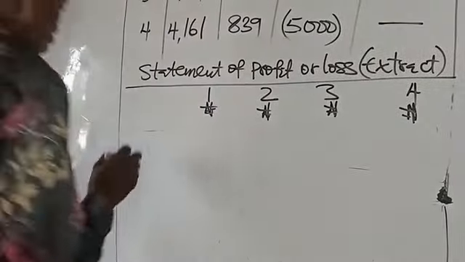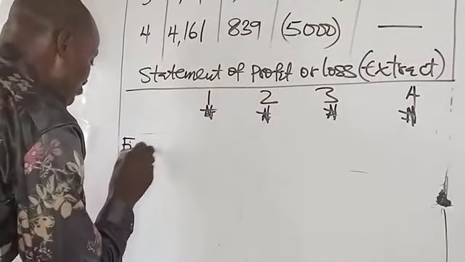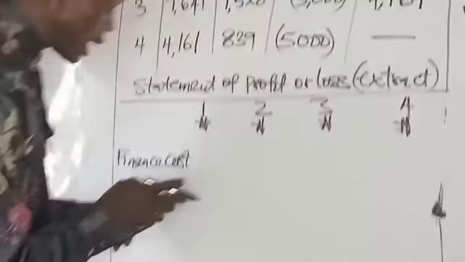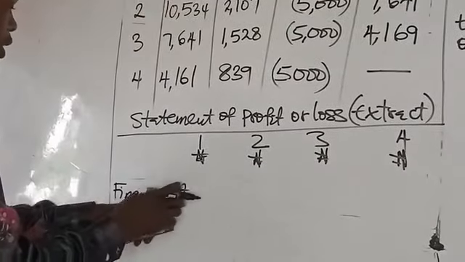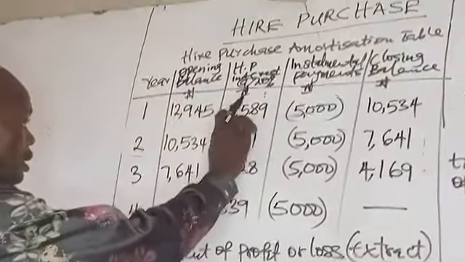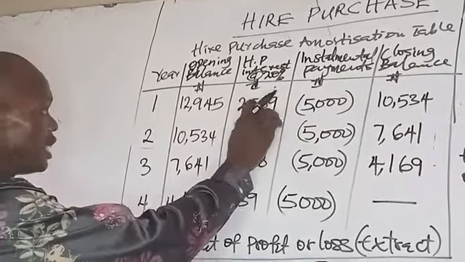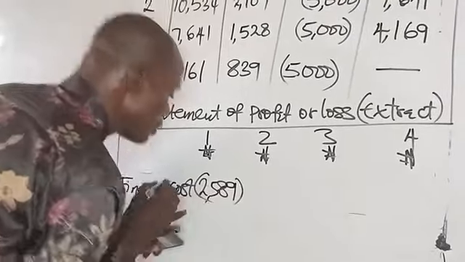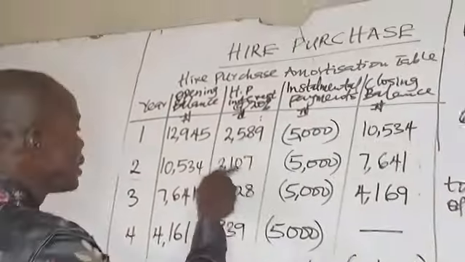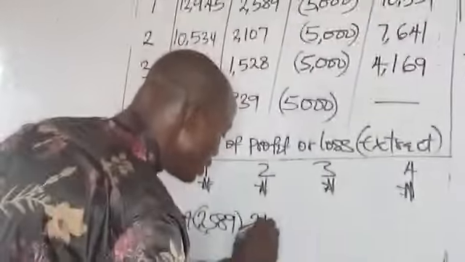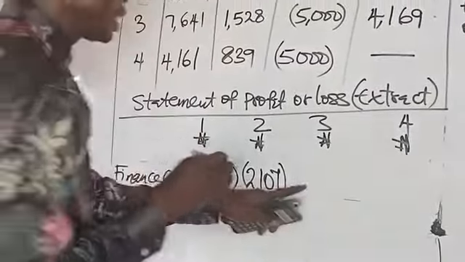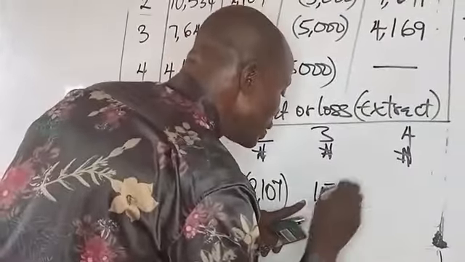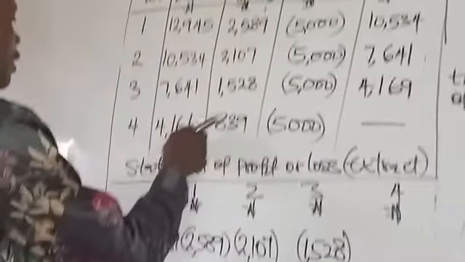So we have finance cost. After our operating profit, in accordance with IAS 1, you have your finance cost, that is the hire purchase interest: 2,589 in year 1, 2,107 in year 2, 1,528 in year 3, and 839 in year 4.